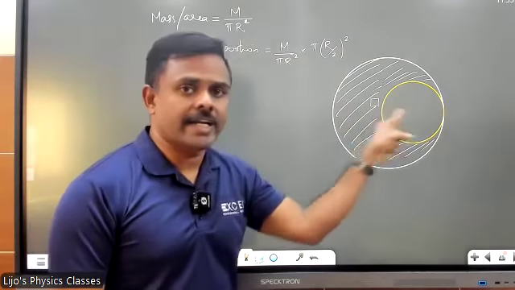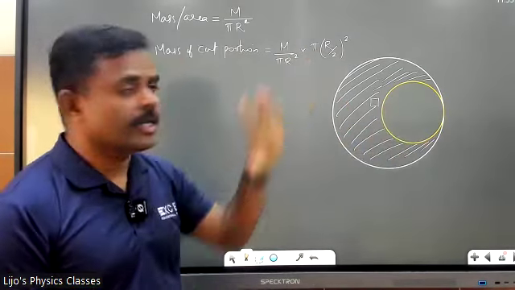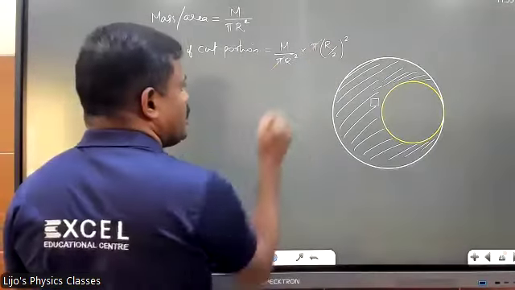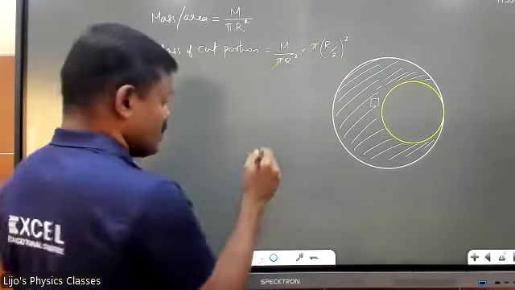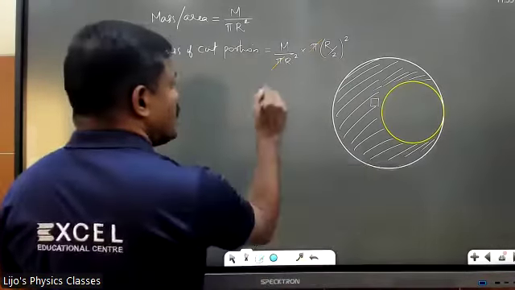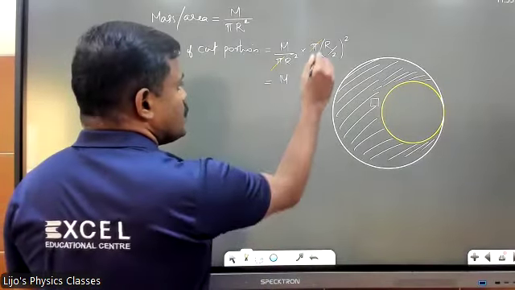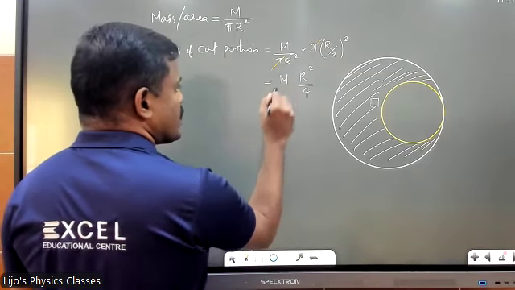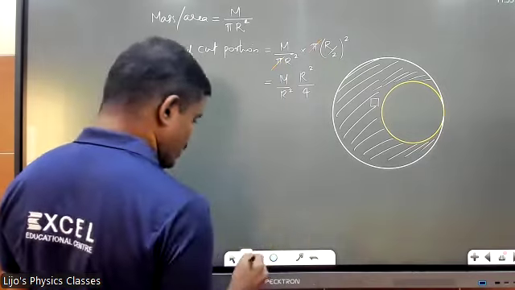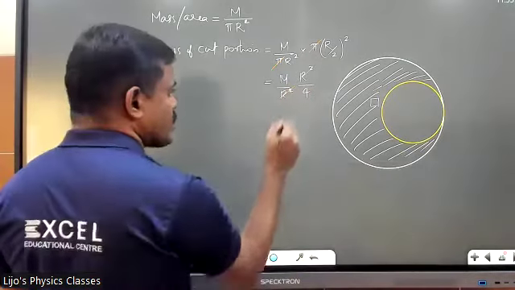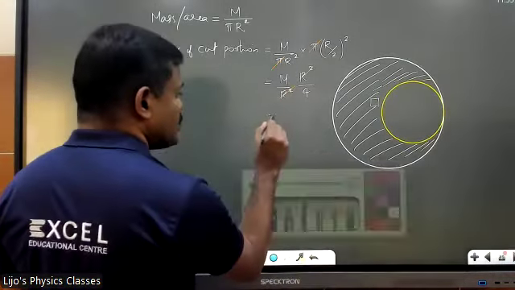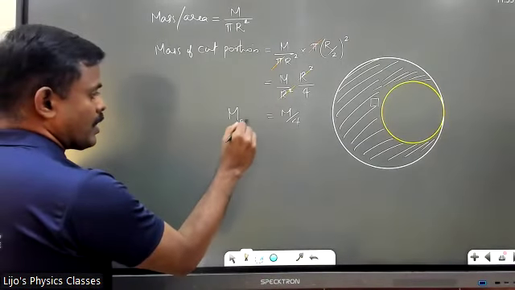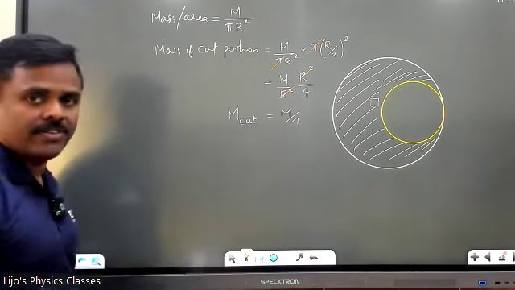For radius R by 2, M by pi R square into pi times R by 2 the whole square. Let us cut this pi and pi. Then this becomes M into R square divided by 4. There is an R square here as well, so R square and R square cut. You get M by 4. So mass of cut portion is M by 4.